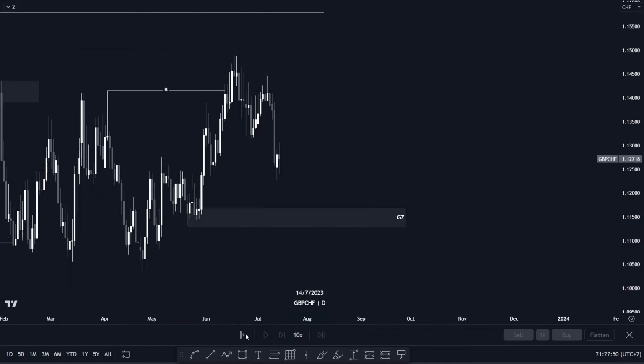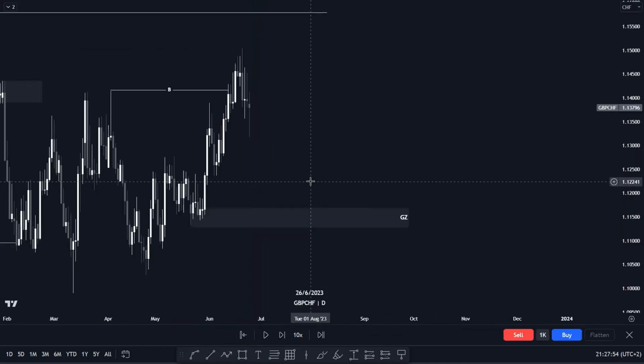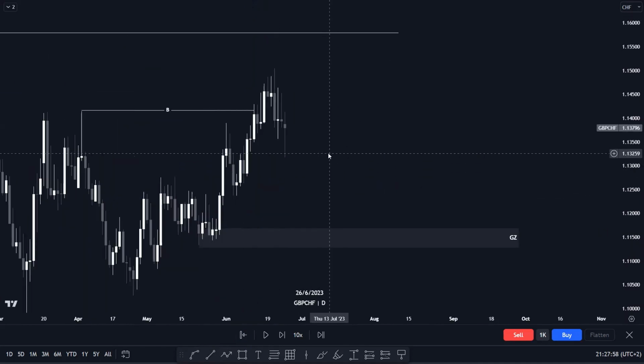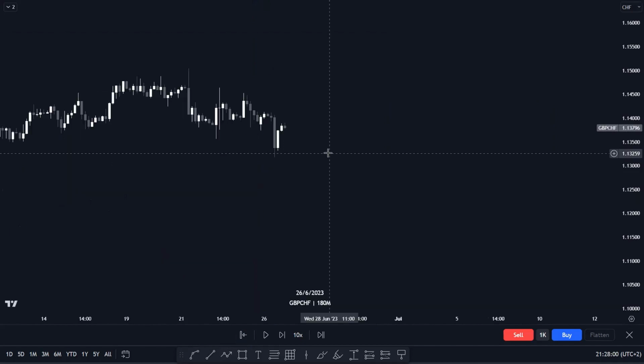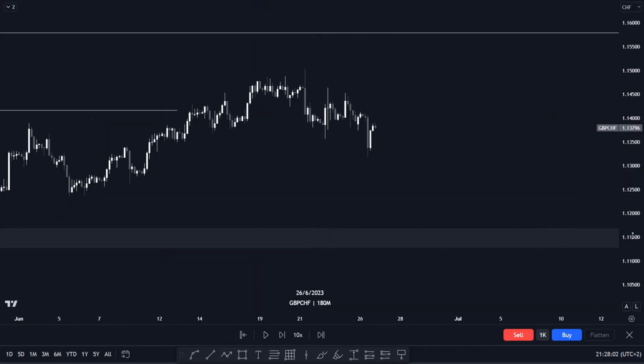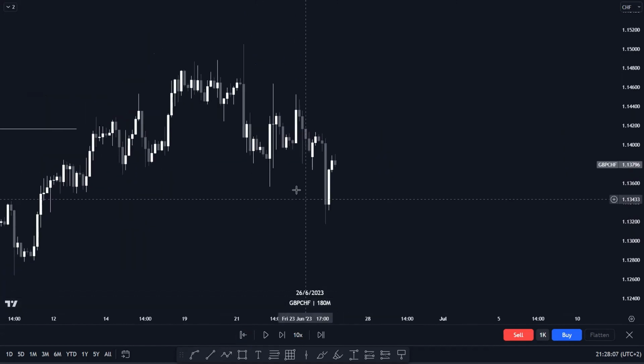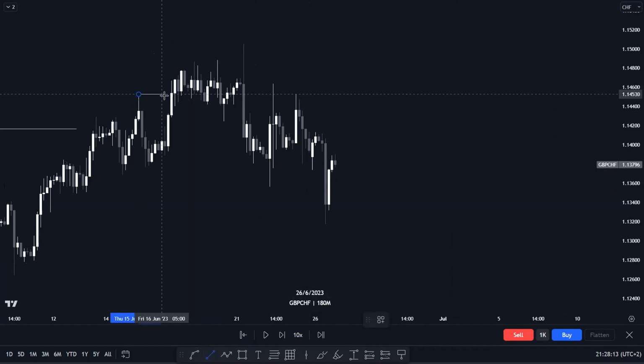That being that, what I managed to see on the lower time frame, GBP CHF created a change of character. So as you can see here, GBP CHF created this break of structure and a change of character here.